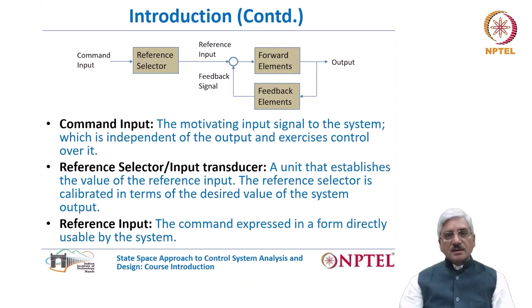The reference selector, or simply an input transducer, is that unit which establishes the value of the reference input. The reference selector is calibrated in terms of the desired value of the system output. And reference input is the command expressed in a form directly usable by the system.